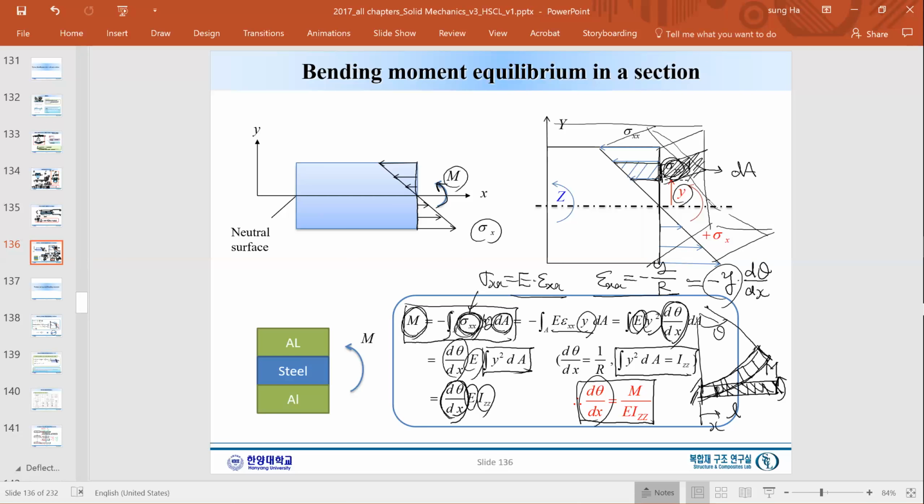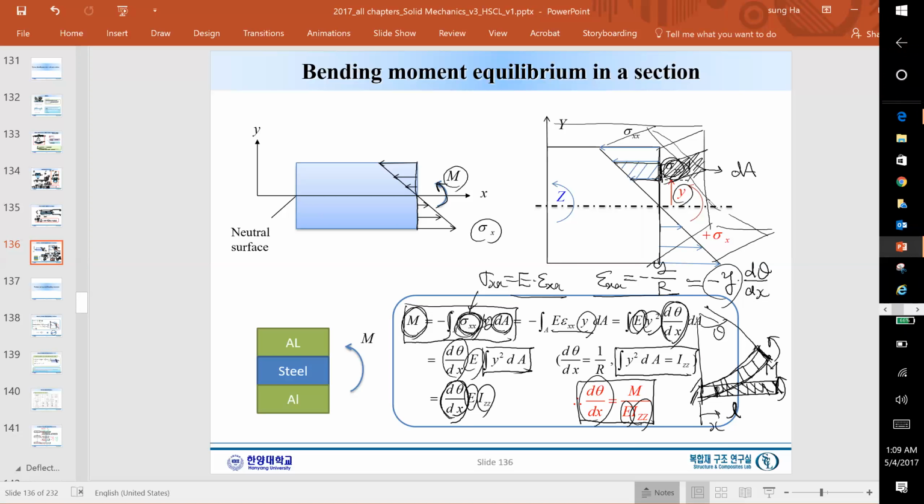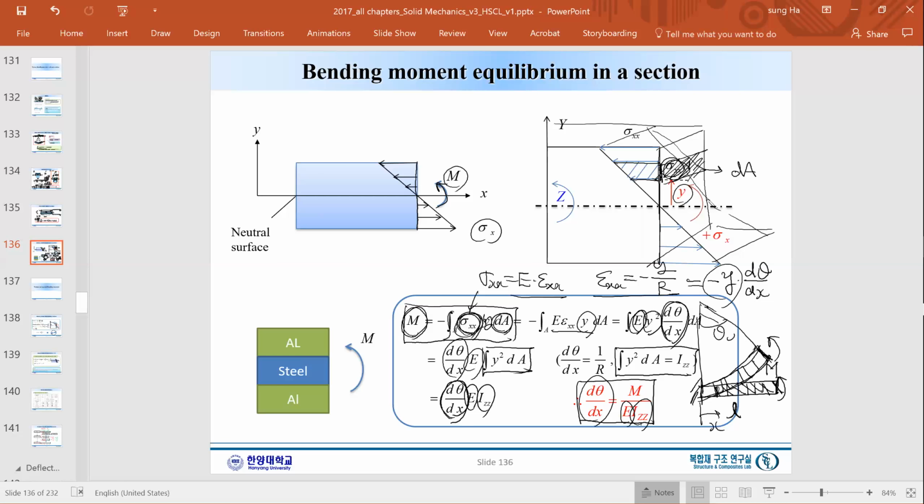So again, d theta/dx is given by the moment M we apply, and E is the Young's modulus of this material, and Izz is the very important cross-sectional property, the moment of inertia. So d theta/dx equals M over E Izz. Now, say this is the length L, and this is the final angle of rotation, theta 0.